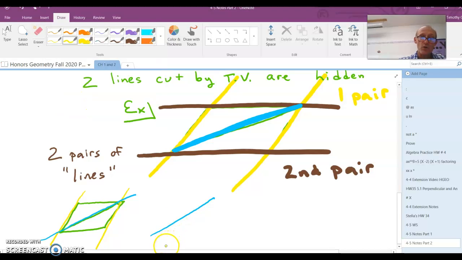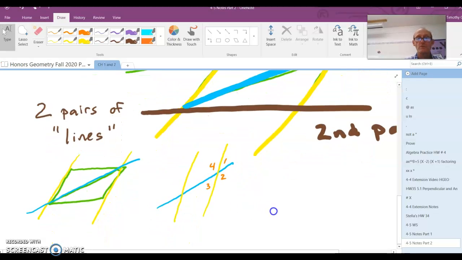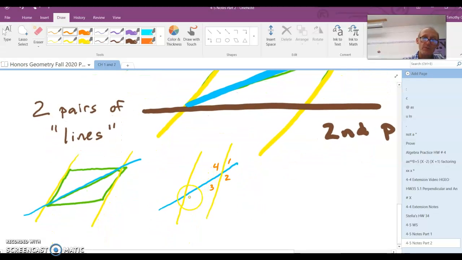You see, this is a rotated transversal. So you have these 8 angles, 1, 2, 3, 4, 5, 6, 7, 8.